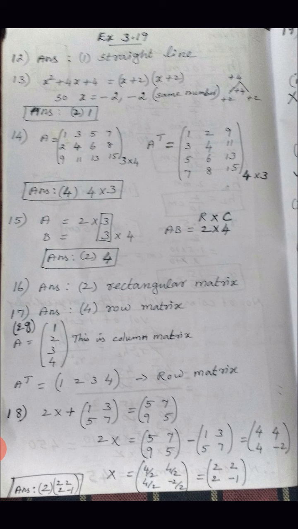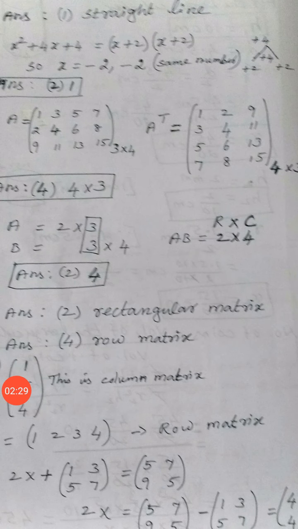For the given matrix A, find the order of matrix A transpose. Okay, they gave one matrix A, and we have to find the order of matrix A transpose. So first find A transpose. Transpose means I have to change rows into columns.